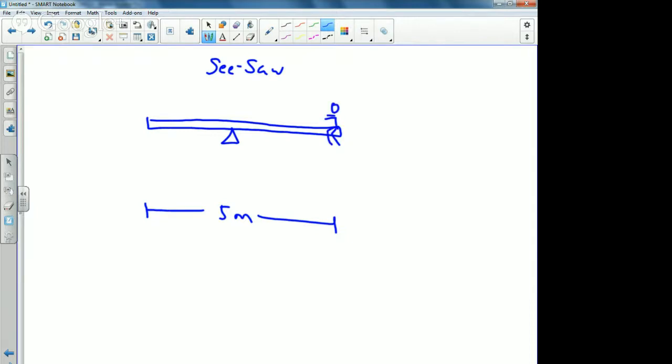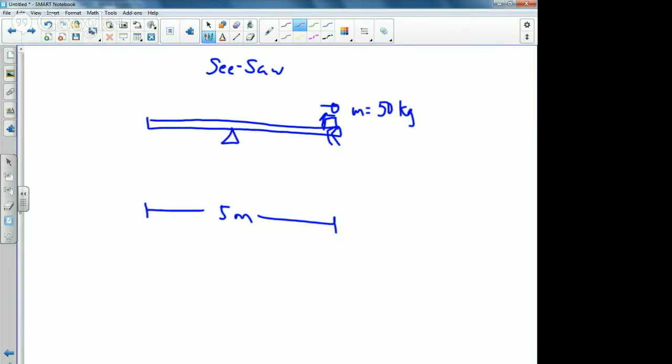He's a skinny one, just holding on to the handle, and he has a mass of maybe 50 kilograms.